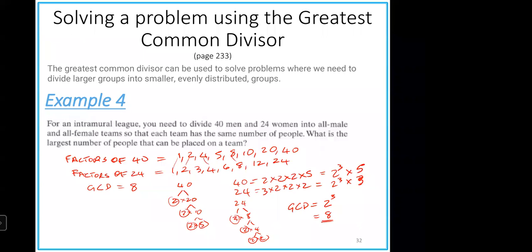So the answer to this question, what is the largest number of people that can be placed on a team, is 8. So for the men's team, how many groups of 8 would you have if you have 40 men?